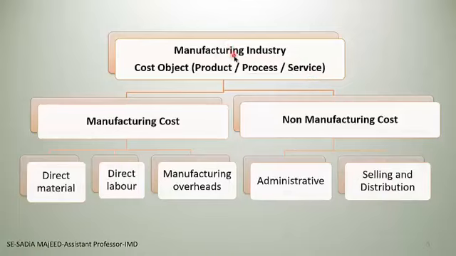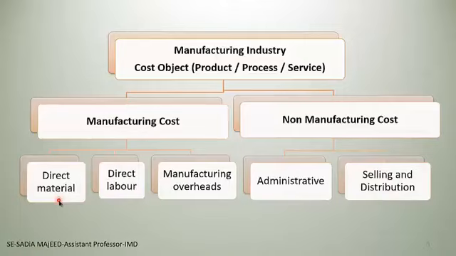In the manufacturing industry, costs are classified on the basis of manufacturing cost and non-manufacturing cost. Manufacturing cost has three further classifications: direct material, direct labor, and manufacturing overheads. Direct material is that material which becomes part of your final product.